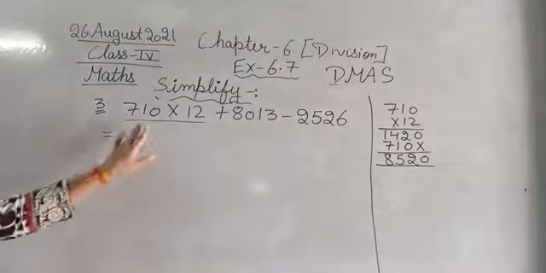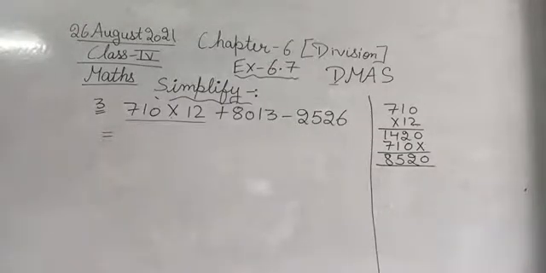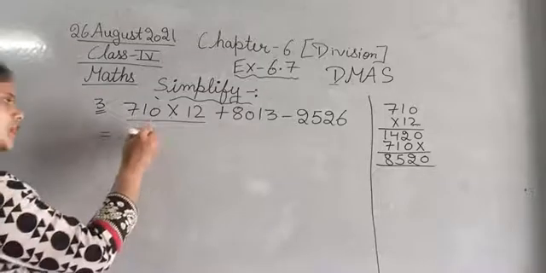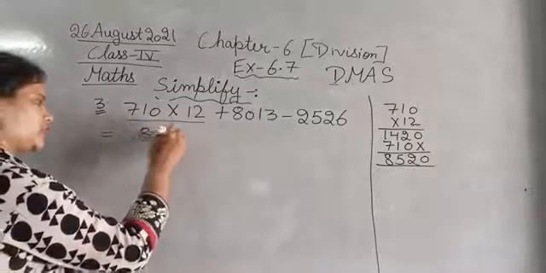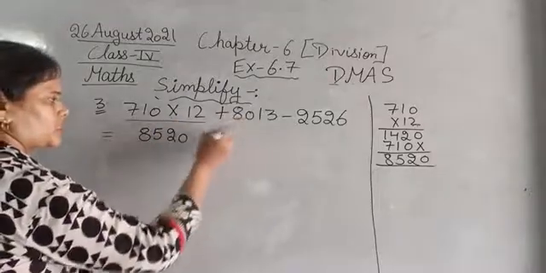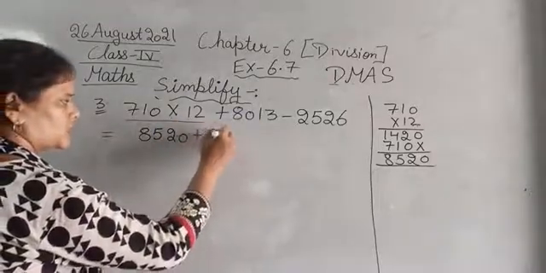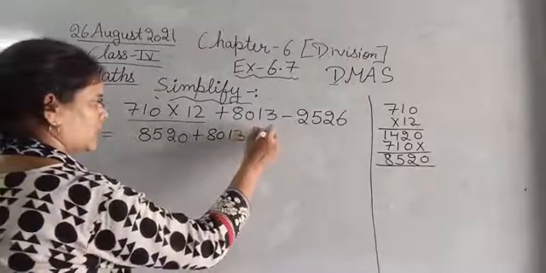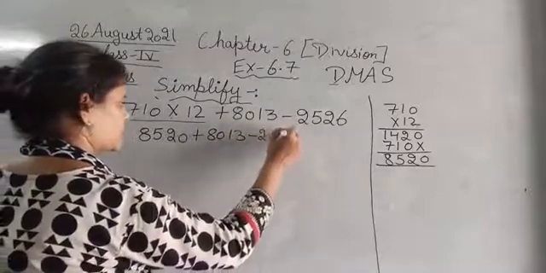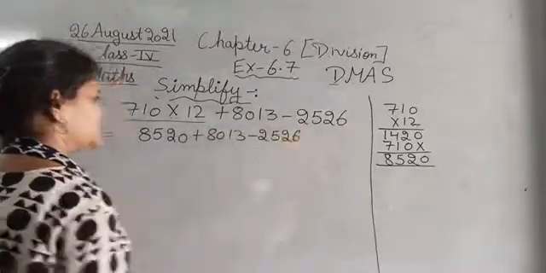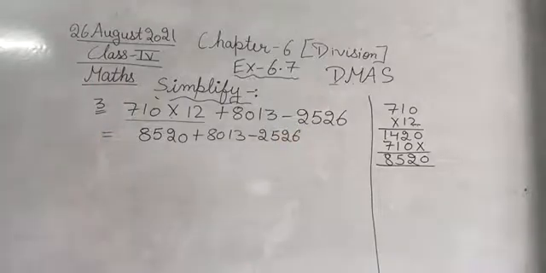So after multiplying these two, we got 8520. Now we have 8520 plus 8013 minus 2526.